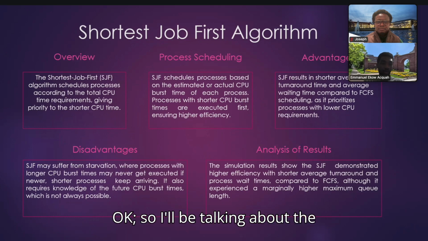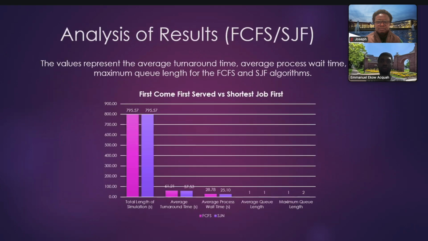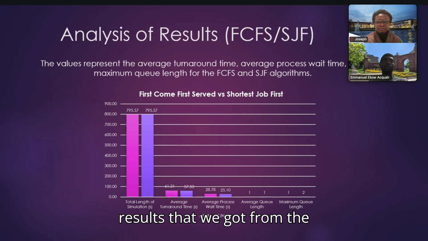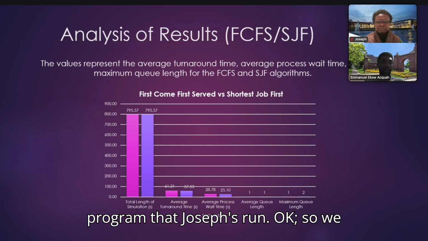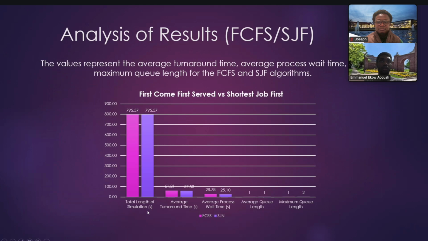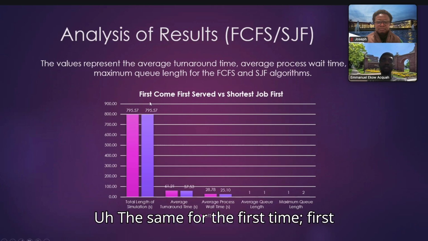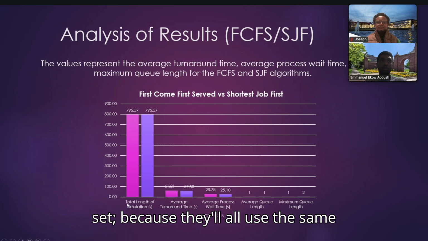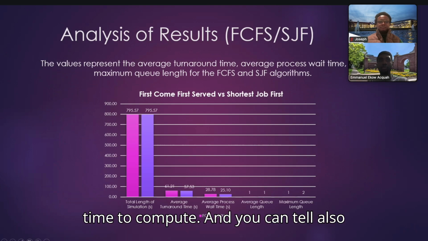Okay, so I'll be talking about the results that we got from the program that Joseph ran. We can see that the total length of the simulation over here is the same for the first come, first serve, because they'll all use the same time to compute.